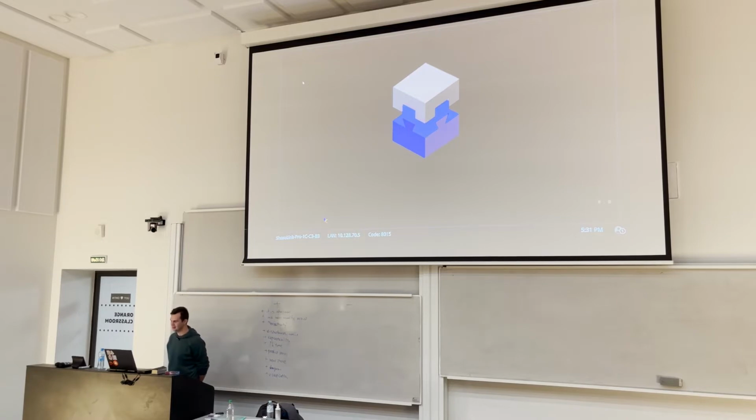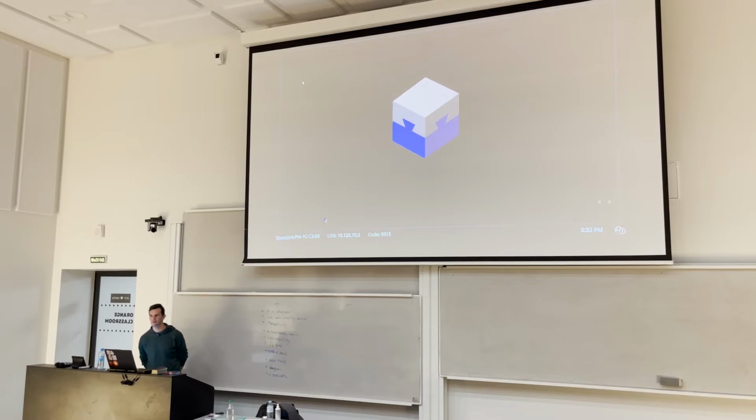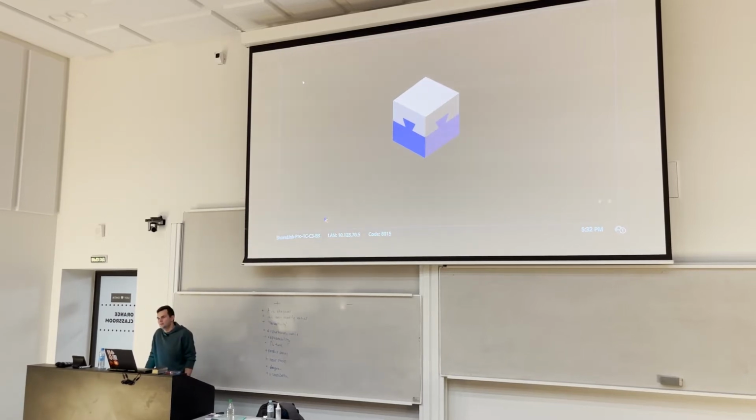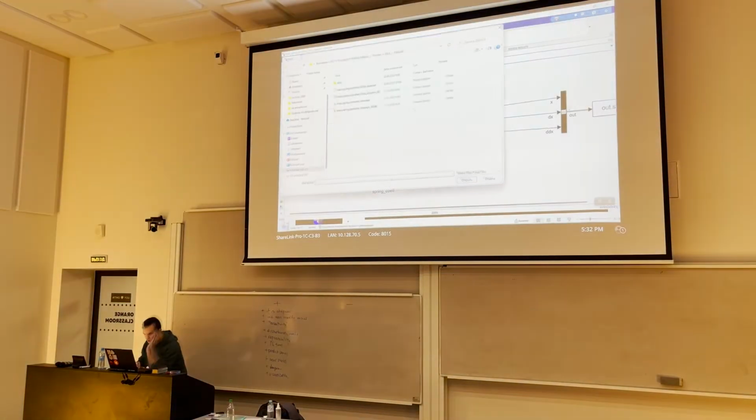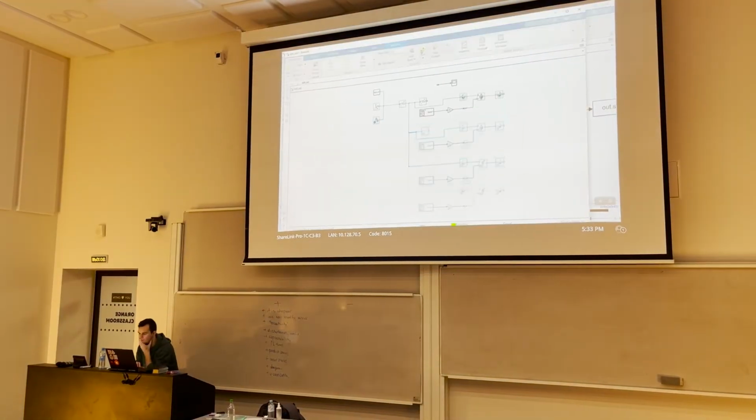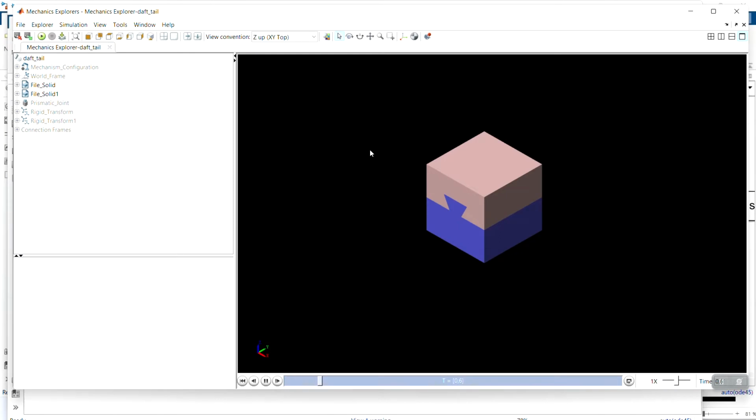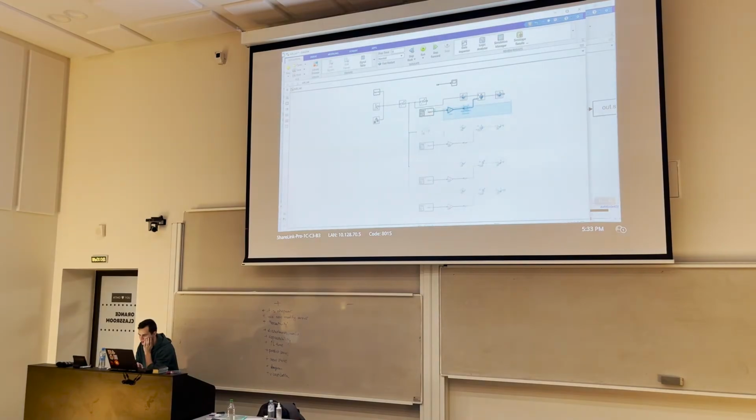I didn't say that it is a prismatic joint. The first one was a prismatic joint. That one was a prismatic joint. My question was, is this thing able to move? So that one is a prismatic joint. Everything is obvious.